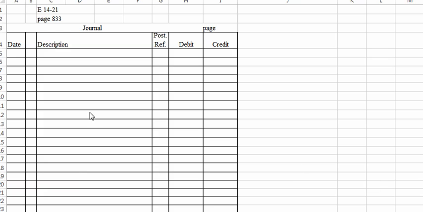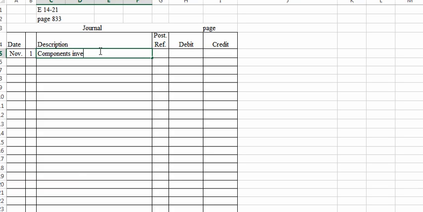On November 1st, 2016, and I'm not going to put the year since we're in the same year the entire problem. Your book called the asset Components Inventory. I'll go with that. What you're probably more used to would be raw materials inventory or materials inventory.